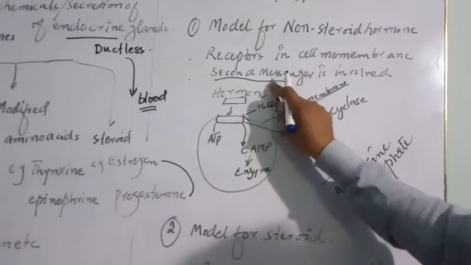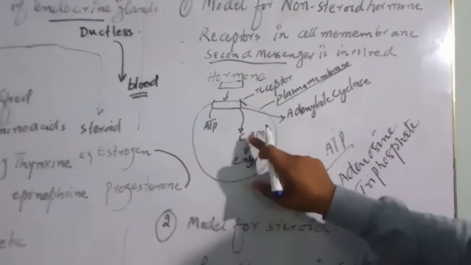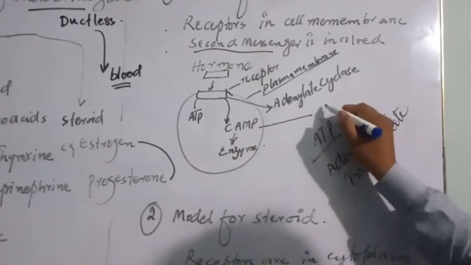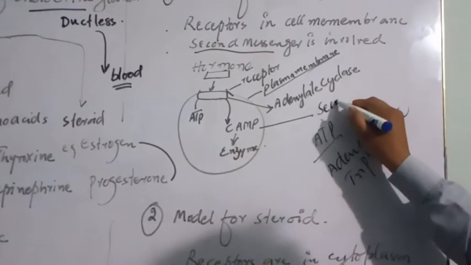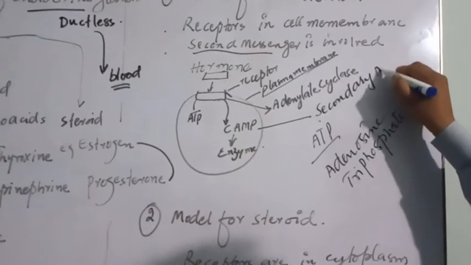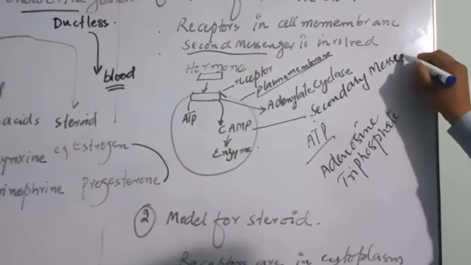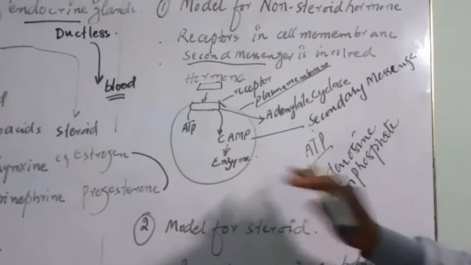The first messenger is the hormone, and it is received by the receptor. Then the second messenger, not a receptor but a messenger, will activate enzymes.